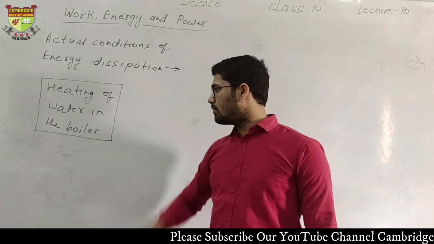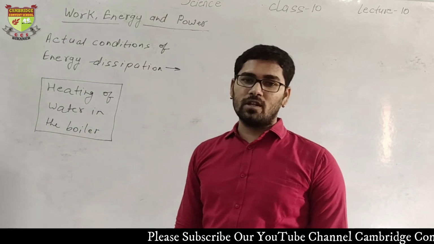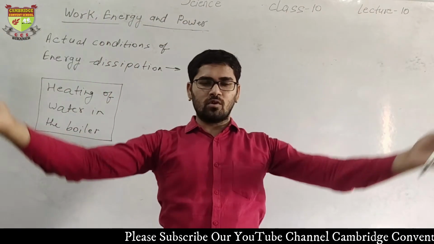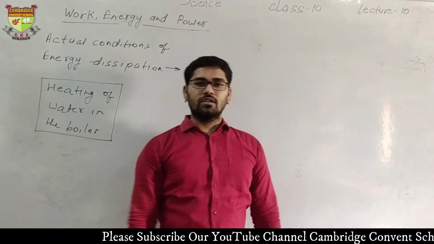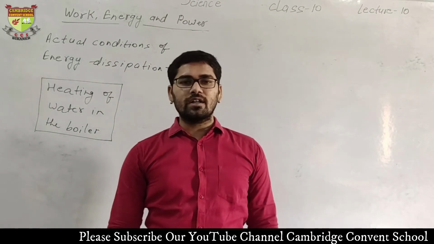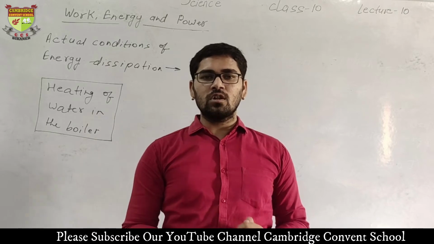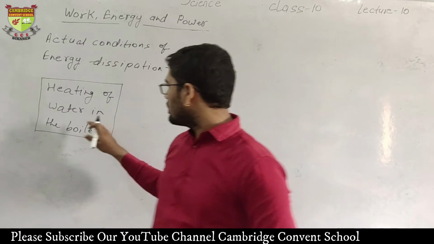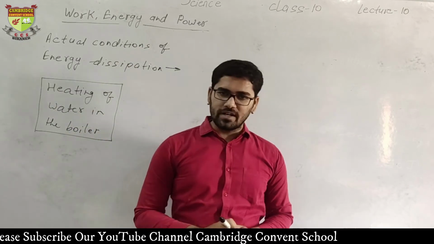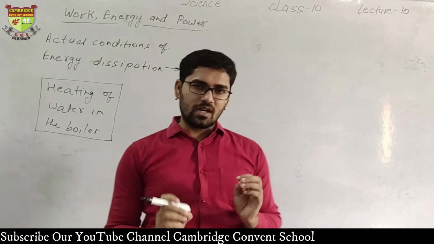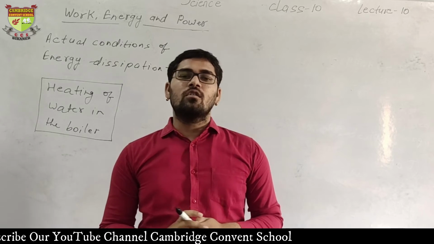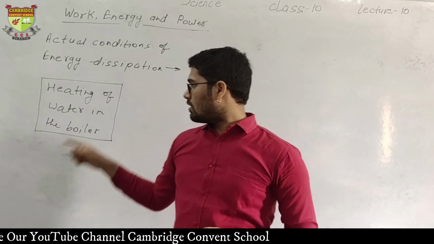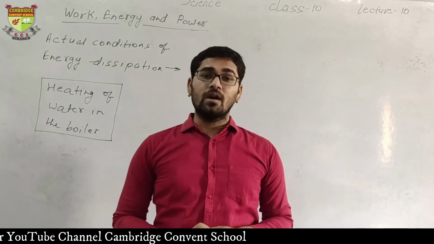Heating of water in the boiler. What happens in the boiler? There is a huge amount of water downside. The coal is burned. Why are we burning the coal? To provide the heat to the water, right? We are burning the coal only for the purpose of heating water.